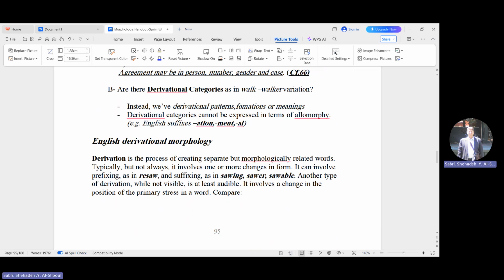So are there any derivational categories in walk-walker variation? Instead, we have derivational patterns or formations or meanings, right? We have derivational categories that cannot be expressed, as we said, in terms of allomorphy. So we have, for example, shin, we have min, we have al, and so on and so forth.